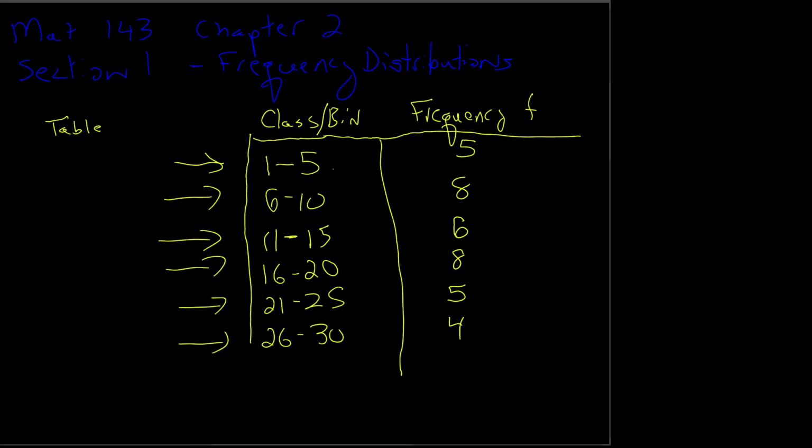So notice that the difference between each of these larger numbers is 5. And so these classes have a width of 5. There's 5 possible numbers that could be in here. And we know how many were collected in here, but we don't know which particular ones they were. I mean, this data could have been 4, 4, 4, 3, 1 for these 5, or it could have been 1, 2, 3, 4, 5.